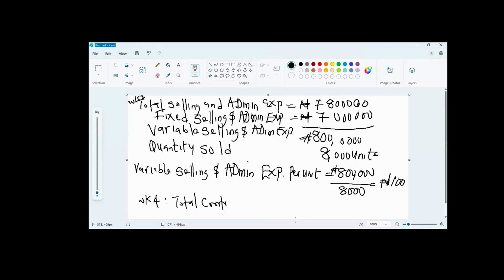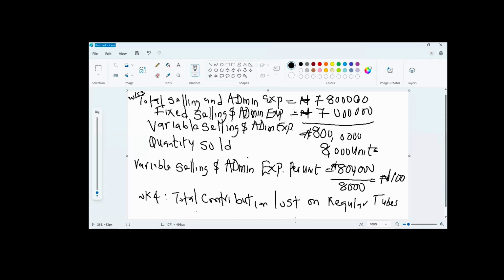Total contribution loss on regular tubes. 3,000 units reduction multiplied by contribution per unit for regular tubes, 1,800. Total contribution loss, 5,400,000. This is total contribution loss on regular tubes.